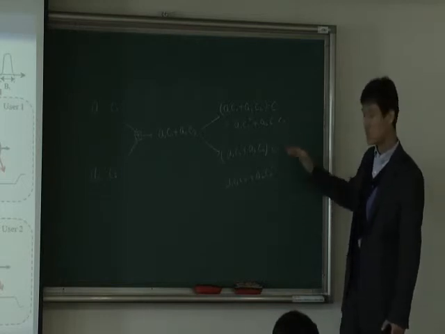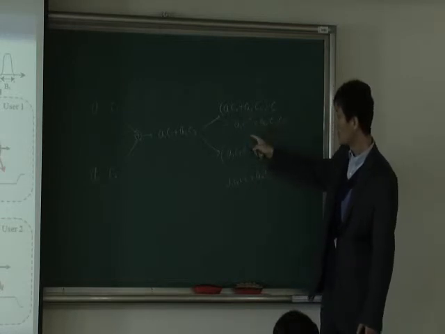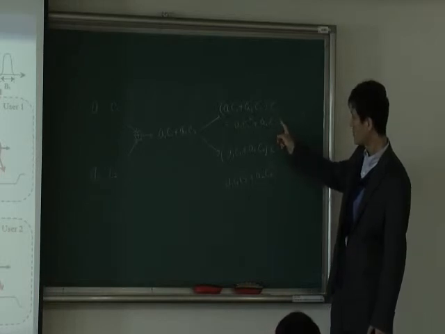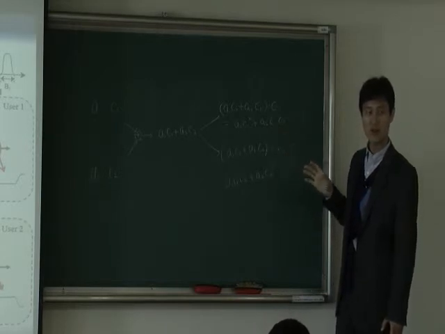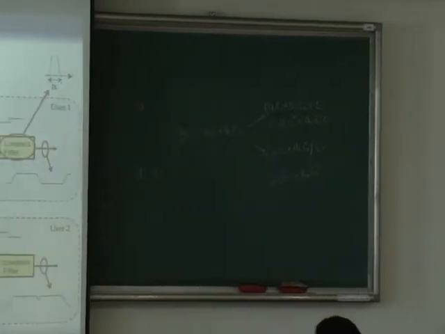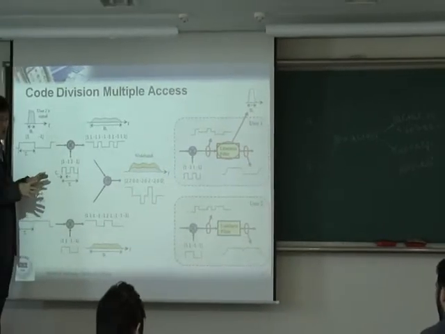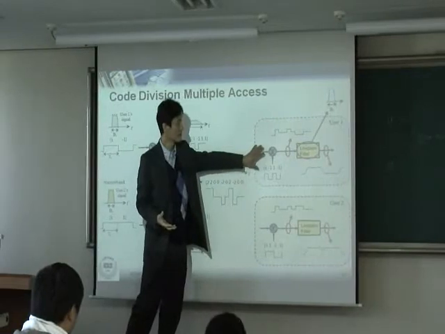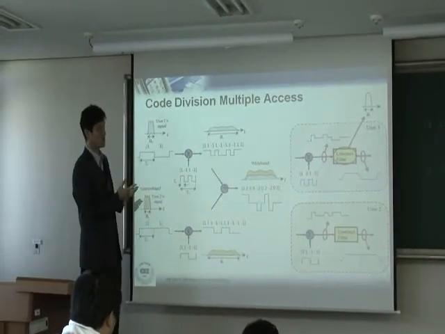So in order to achieve that, we have to satisfy this property: C1 squared becomes 1, C2 squared becomes 1, and C1 times C2 is 0. That's the original definition of orthogonality. As long as C1 and C2 are orthogonal codes, we achieve that. Therefore, you can perfectly recover your original information, A1 and A2. That's the whole fundamental of CDMA.